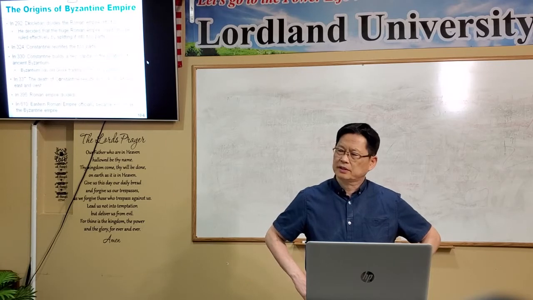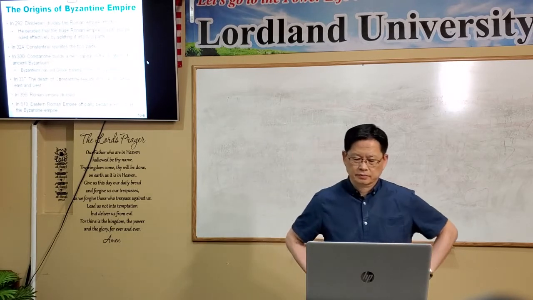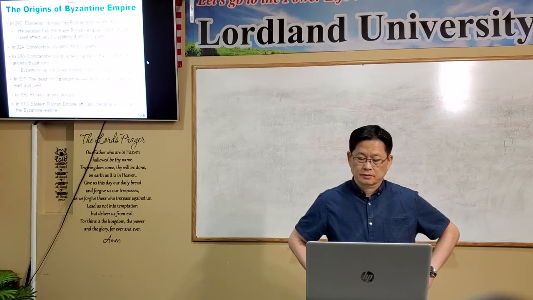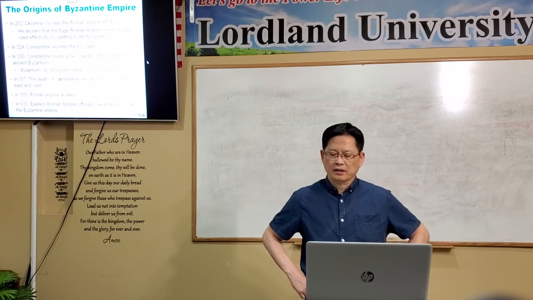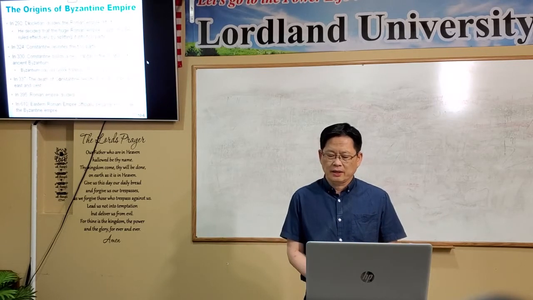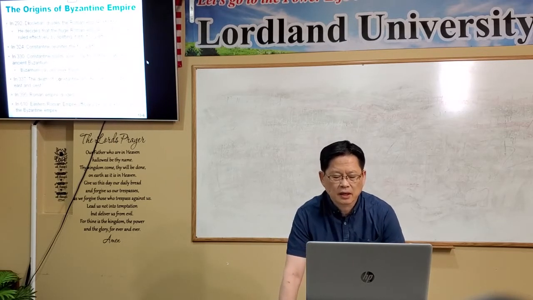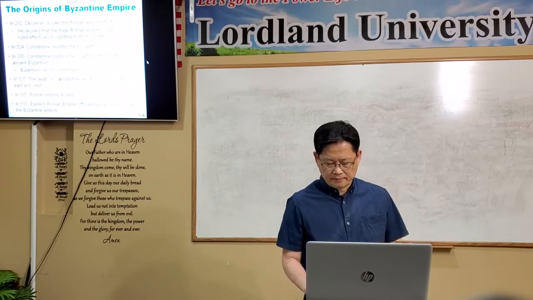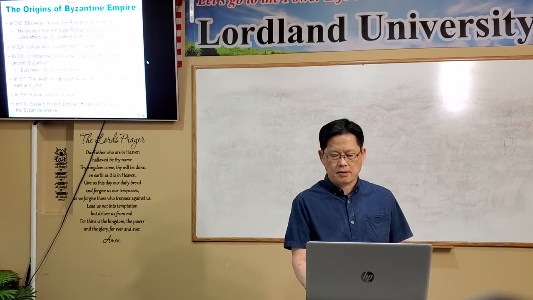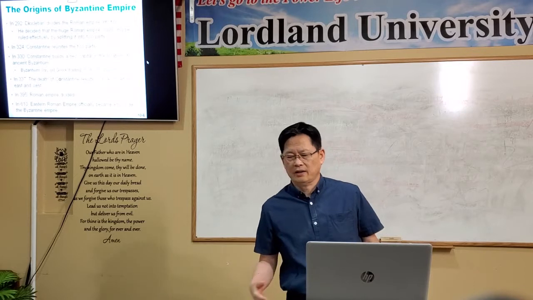In 395, the Roman Empire finally divided into two parts. In 610, the Eastern Roman Empire officially became known as the Byzantine Empire. This is the summary of the Byzantine Empire.